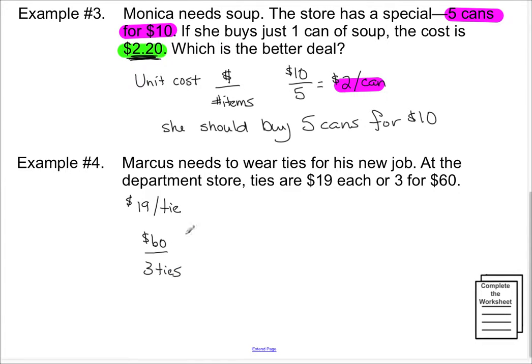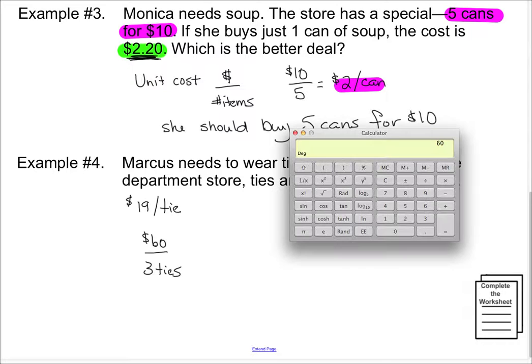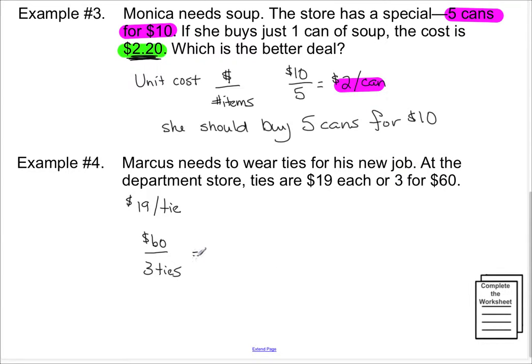Now, if I want to change this into a unit rate, and it's more specifically a unit cost, I'm going to do that division. Let's pull out our handy dandy calculator, and we go 60 divided by 3, and that gives us 20. So that's $20 per tie.